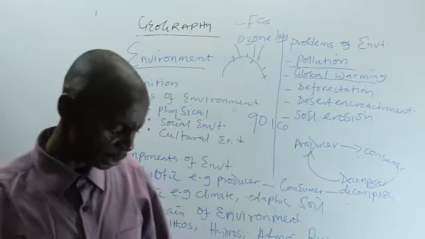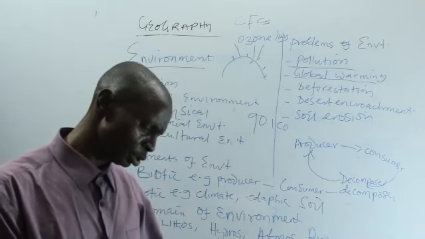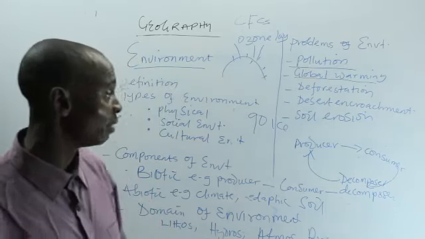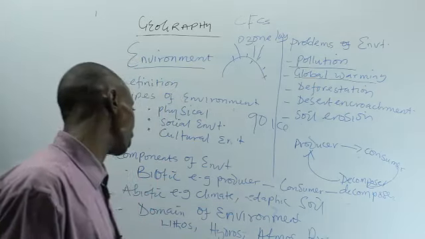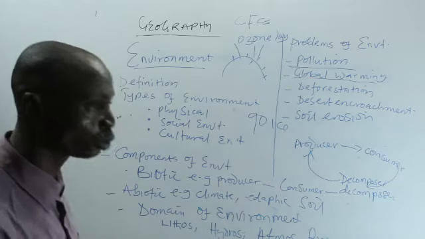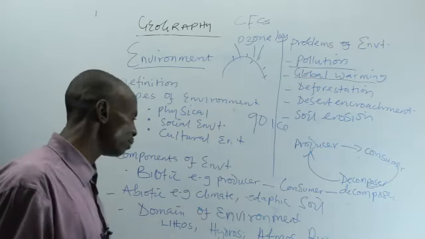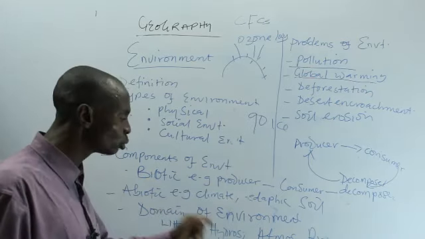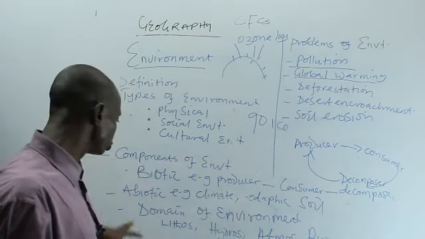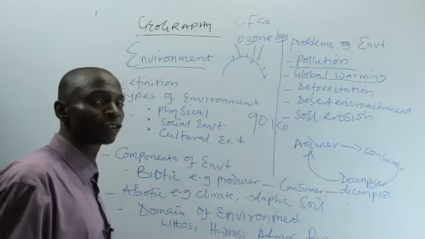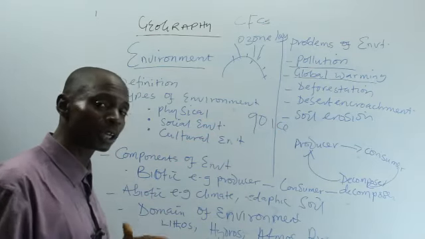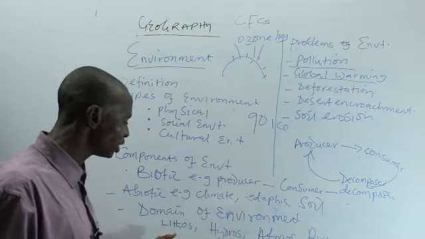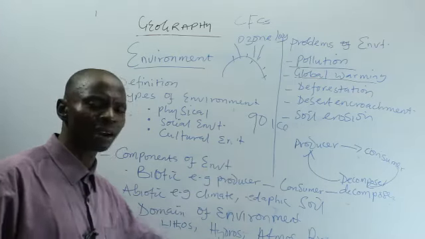So this has taken us to the importance of environment to man. Importance of environment to man. I told us, when you are talking about importance of environment to man, there is something you must know. You don't even go anywhere. Go to the domain of the environment and look at, when we're talking about the structure of the earth, we talk about the outer structure, where we have this lithosphere, hydrosphere, atmosphere, and biosphere.